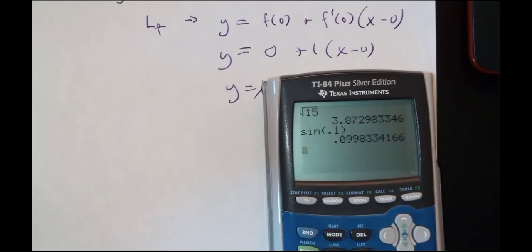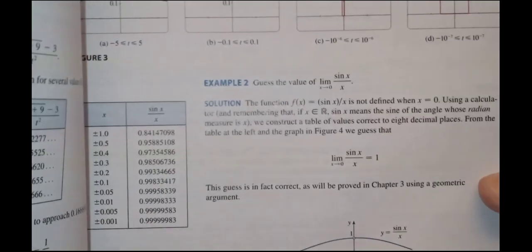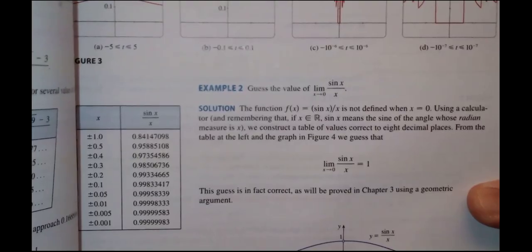No, that was a square root, the one where the calculator borked on me. Further back. Aha! Page 85, we showed that the limit of sine of x over x was 1.